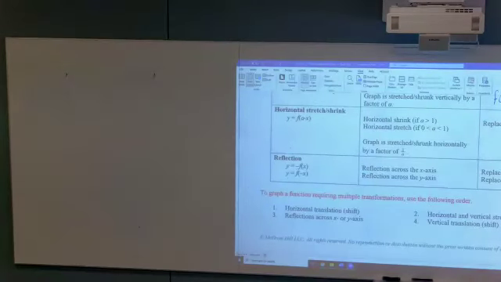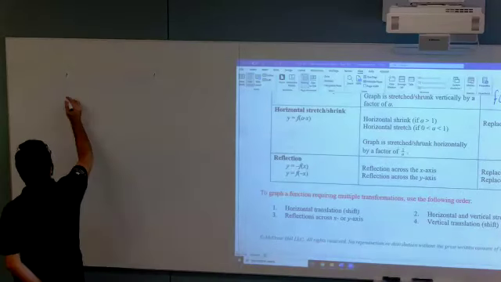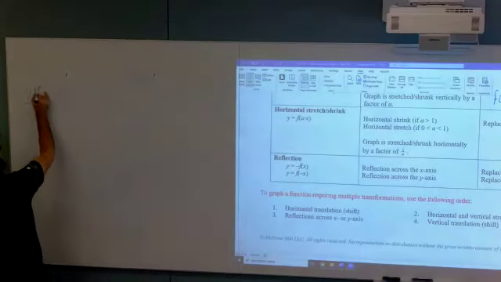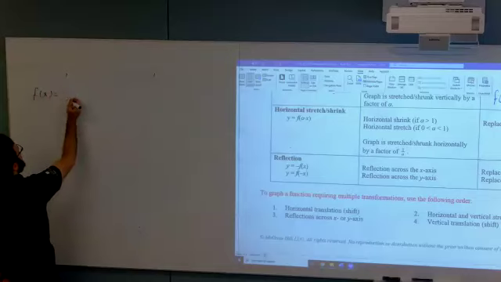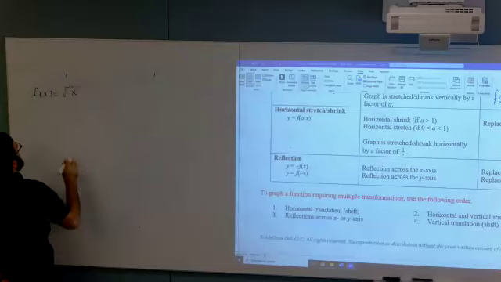Let's do an example here to do the reflection. Let f of x equal... let's do root of x.